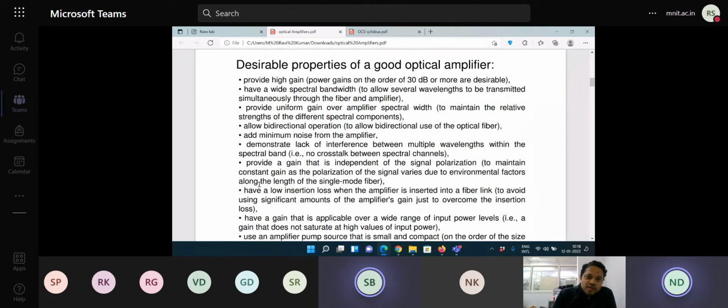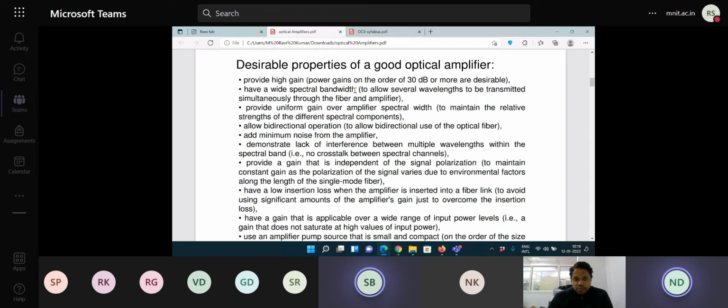This wide spectral bandwidth is essential for WDM systems wherein multiple wavelengths are transmitted over a single fiber. When the amplifier has a wide spectral bandwidth, then all the wavelengths can be amplified.